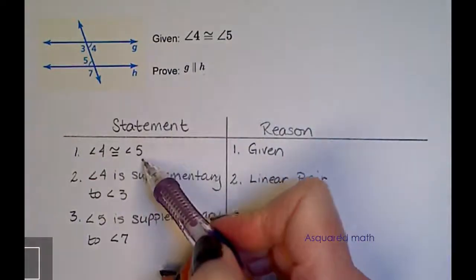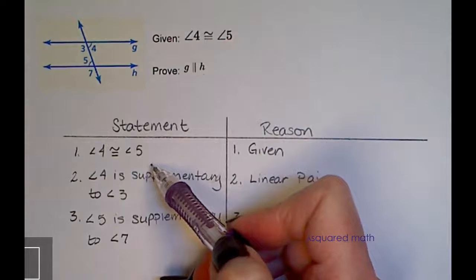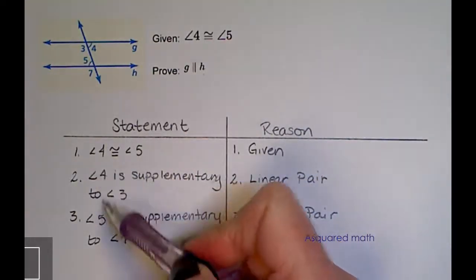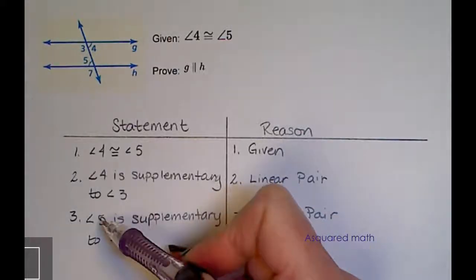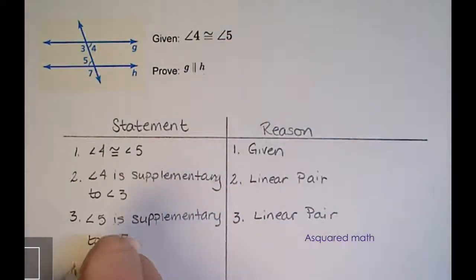From there, in step number 1, we stated that angle 4 is congruent to angle 5. And these 2 angles are stated in statements 2 and 3. So I'm going to use substitution and say that angle 4 is now supplementary to angle 7.